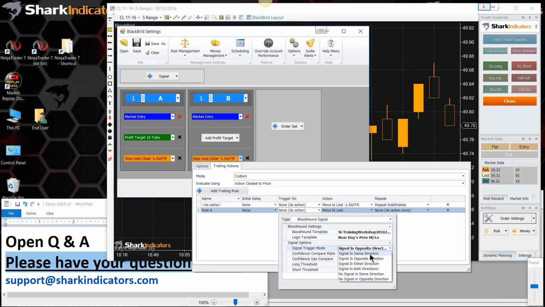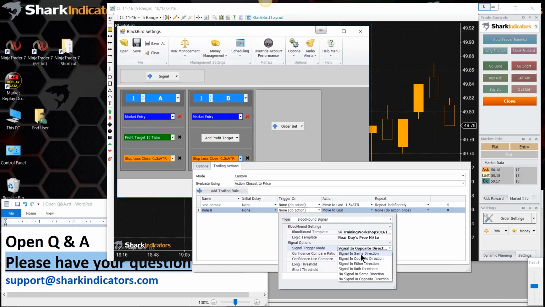Now, the signal in opposite direction: again, BlackBird is in a long trade, but this time BloodHound gives you a short signal. That's the opposite direction. You just have to figure out what direction the exit signal BloodHound is giving you is in, and choose the right option here.